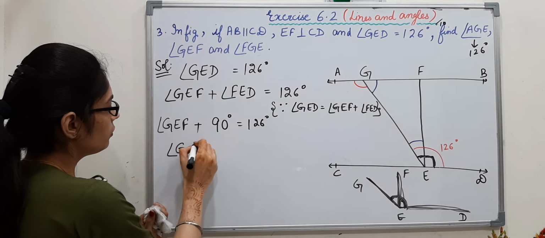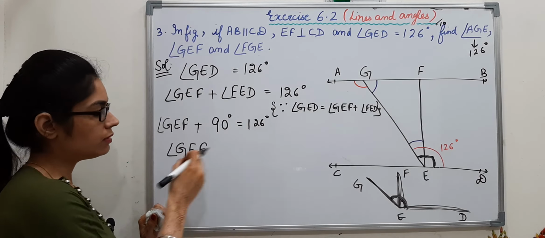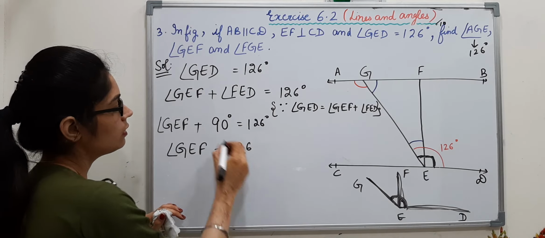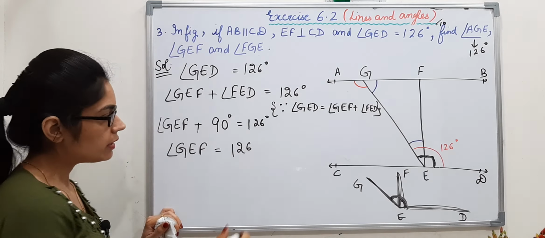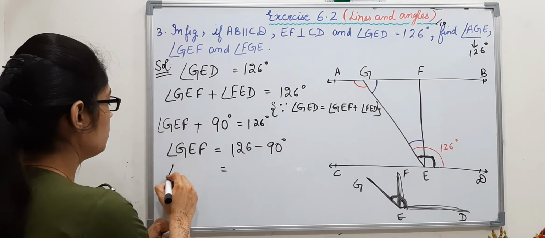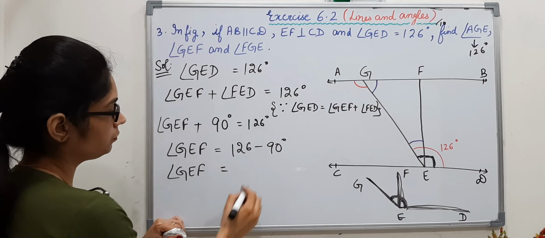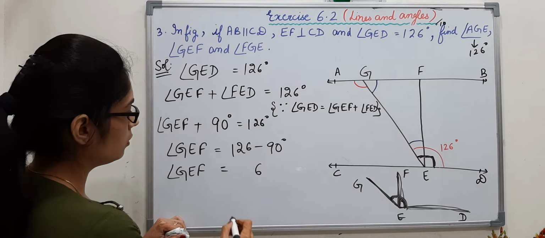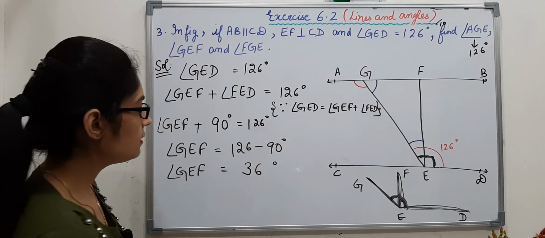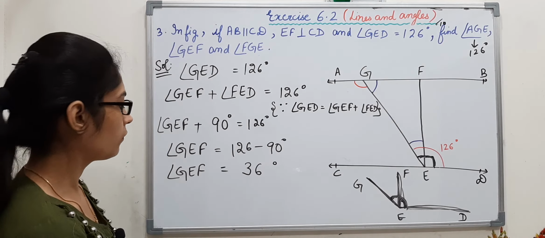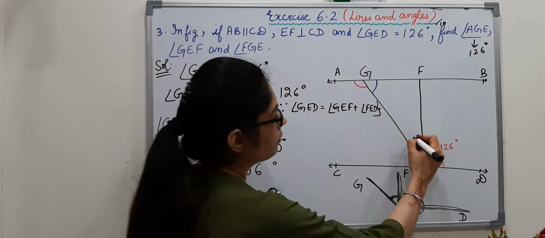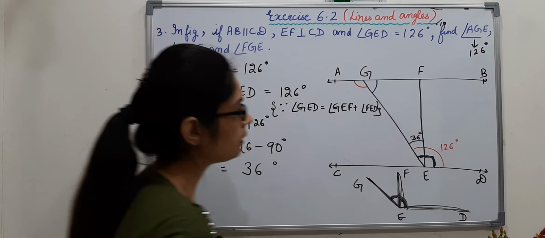So angle GEF we will keep on this side and 90 will shift to the other side. 126 plus 90, on changing the side it will change to minus 90. So 126 minus 90, angle GEF, is equal to 36 degrees. So the value of angle GEF is equal to 36 degrees.